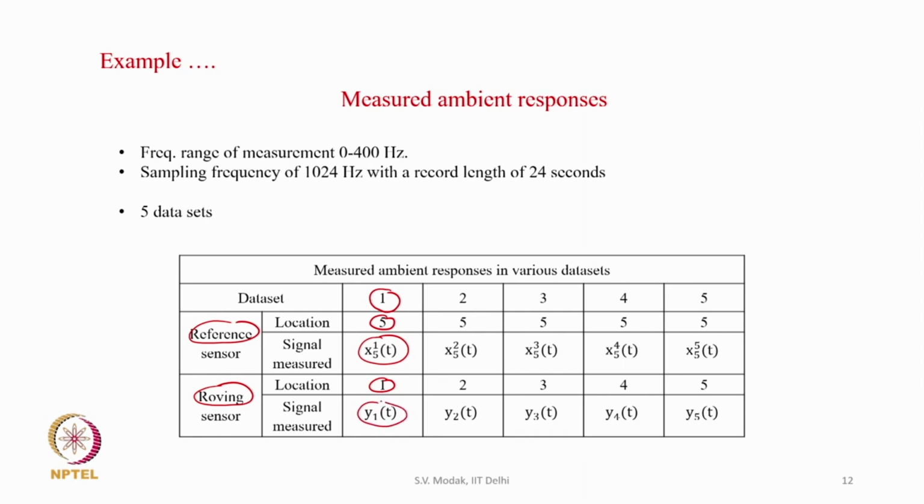Y1(t) indicates the roving sensor signal. The subscript here shows the location where the roving sensor measurement has been taken, so Y1 says roving sensor measurement at test point 1. In this way you can see we have 5 data sets. Each data set contains one reference measurement at location 5 and a roving sensor measurement at the corresponding test point.